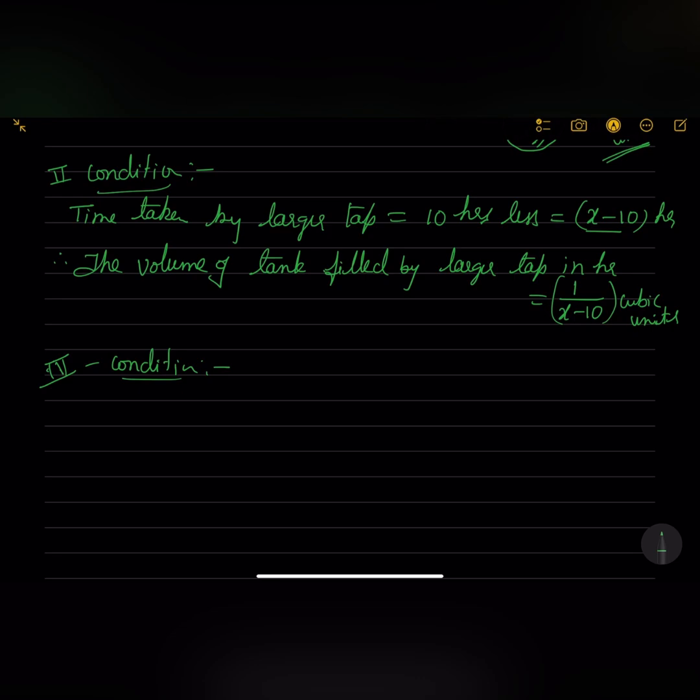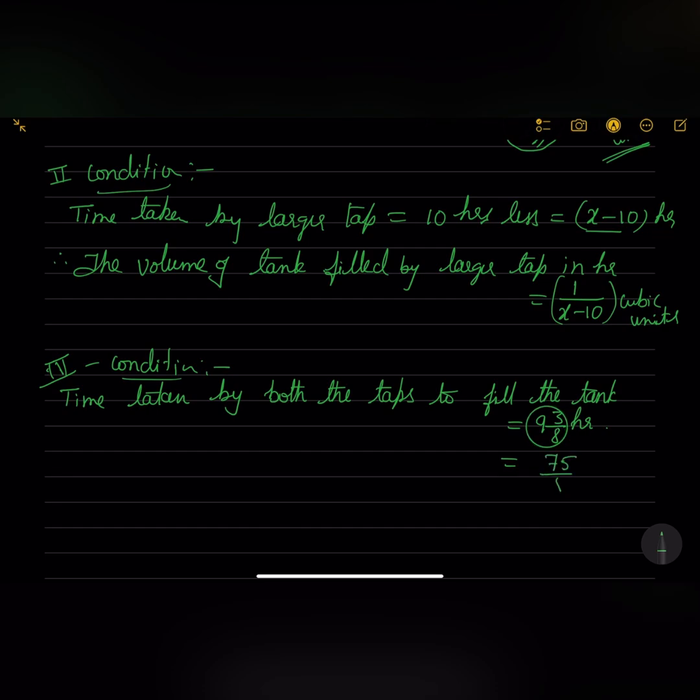The time taken by both the taps to fill the tank is equal to 3 by 8 hours. And if we simplify and express it as an improper fraction, it will be 75 by 8 hours.